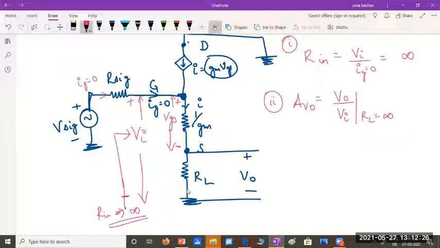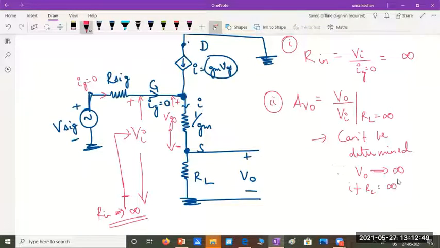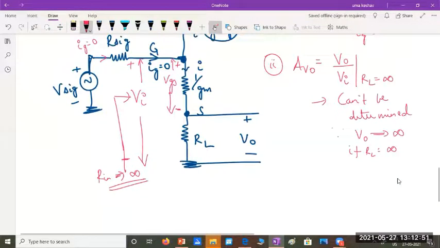V0 will be the voltage across an open circuit, so I won't be able to measure. You say it can't be determined, because V0 will tend to infinity if RL is infinity. This can't be determined.